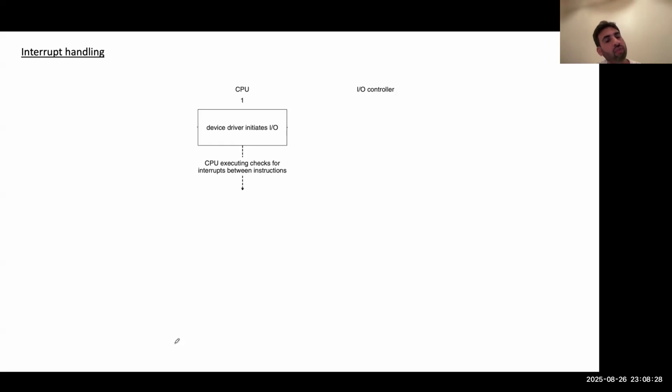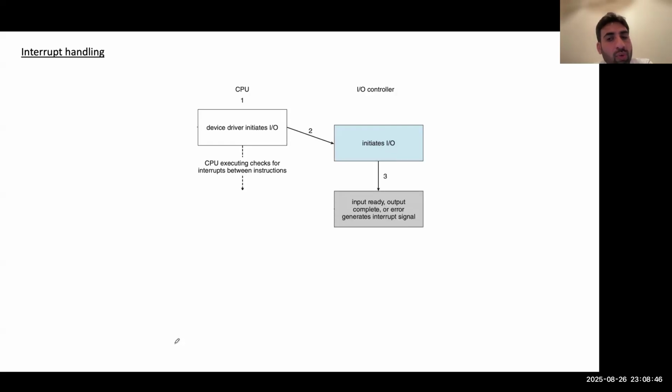So on one side, we have the CPU executing instructions, and between every two instructions, it checks whether the interrupt is activated or not. On the other side, whenever the IO controller gets a request to initiate an input or output, it will perform some specific action.